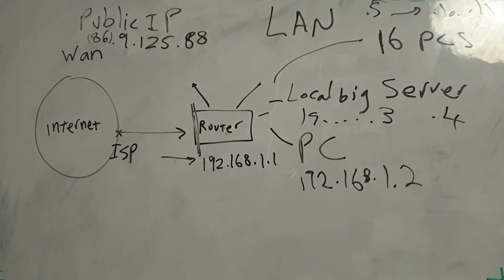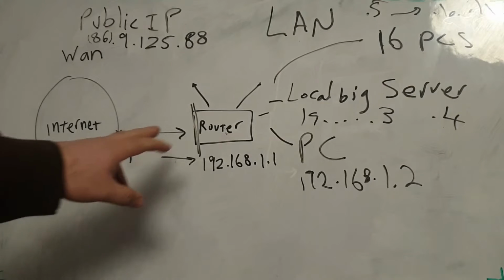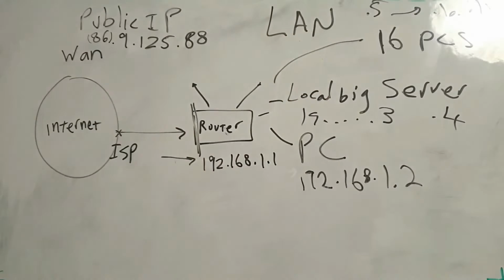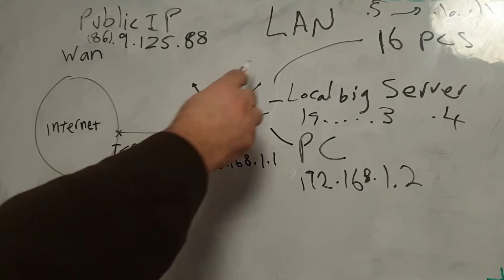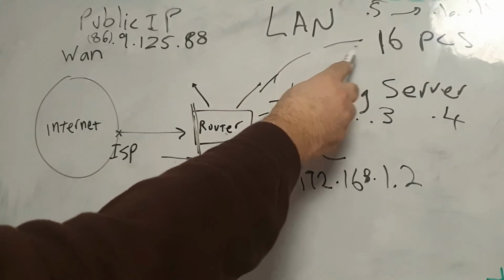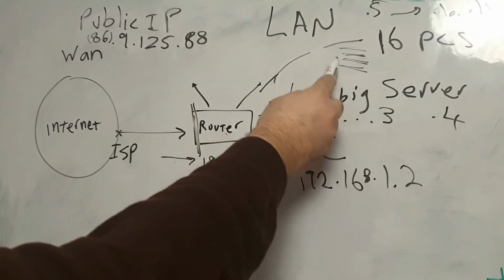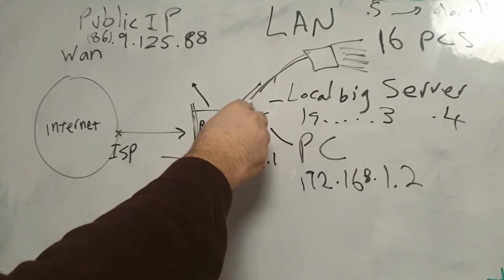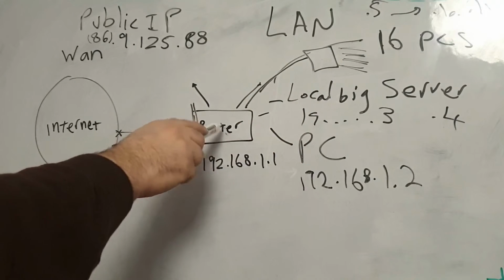One important thing, key point here is, it doesn't matter how many cables connect to the router from these PCs, because the way these are connected, I will show you in the picture, they are going to the hub. So basically we've got 16 cables all going to one switch, and only one cable goes from the switch to the router.